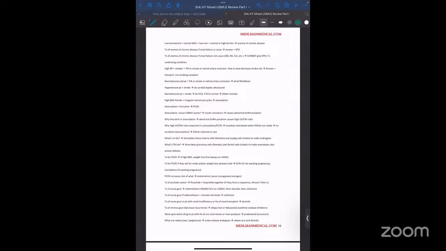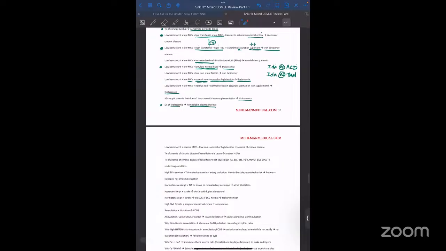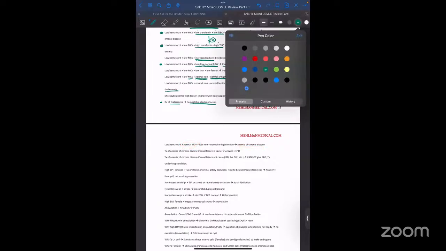Low hematocrit plus normal MCV plus low iron plus normal or high ferritin. That we just did, anemia of chronic disease. Okay, I guess he's reinforcing it. He's trying to say that it can be normal MCV also for ACD.